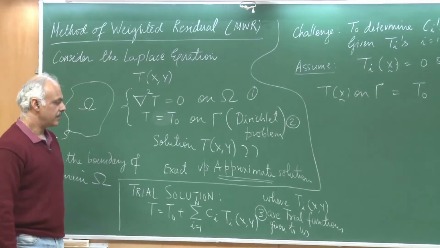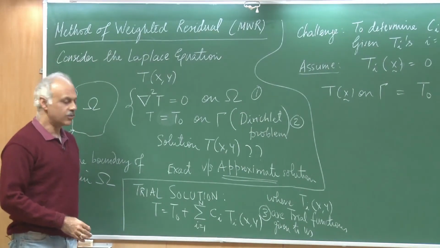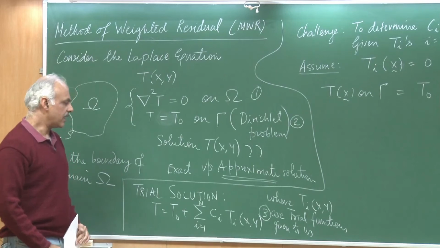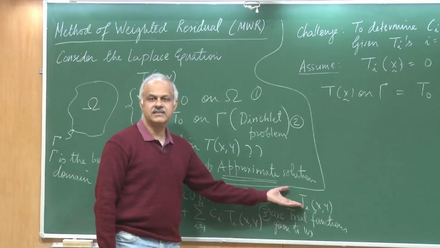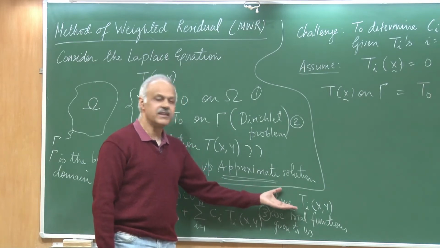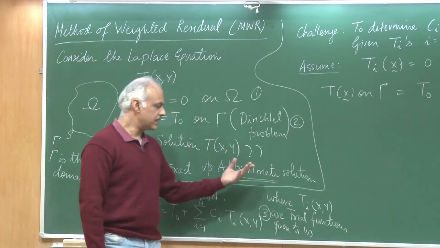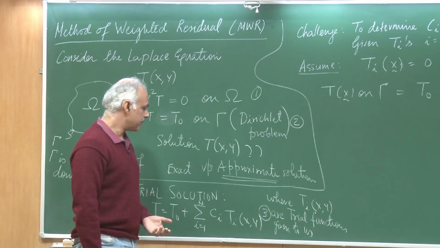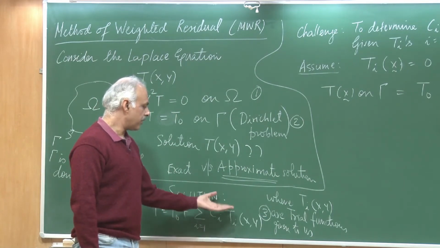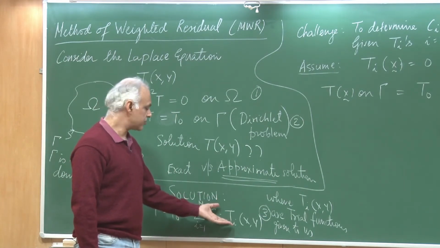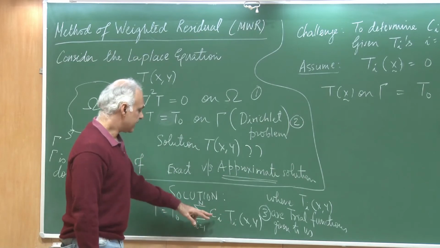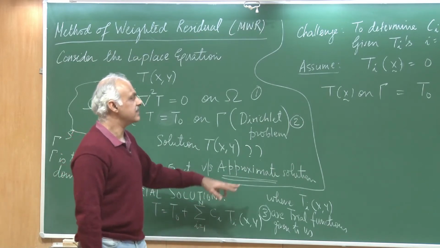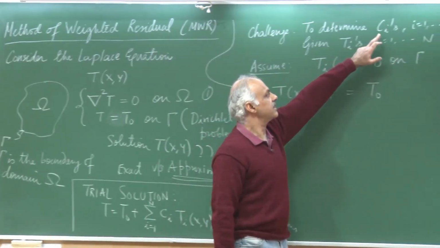Okay. So I hope the task is very clear to us. So I will again state the problem. I am given a set of trial functions. Okay, these are, somebody has chosen them for me. These could be Legendre polynomials, Chebyshev polynomials, these could be monomials, you know, like 1, x, x square. These could be Fourier coefficients or Fourier functions, and the challenge is I have to find Ci's, okay, these coefficients.